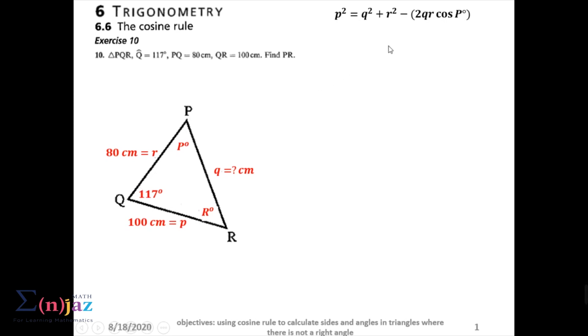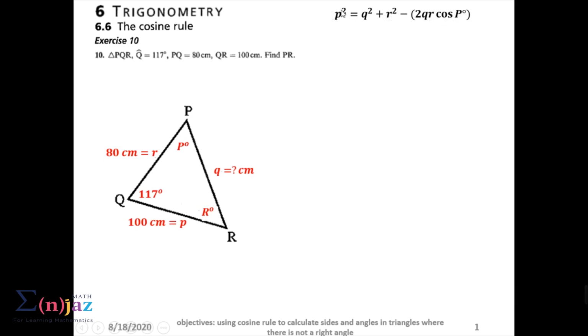Q and R. It is equal to q squared plus r squared minus, inside brackets, that's part of the rule, 2 is part of my rule, times side q times side r times cosine P capital.